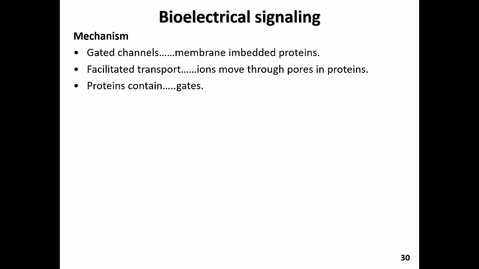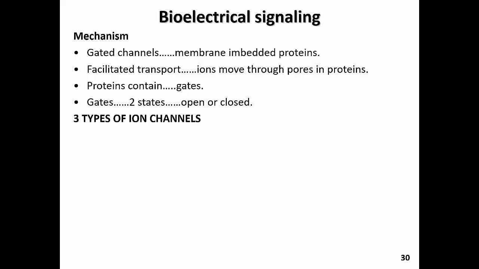The protein contains portions referred to as gates, and gates generally have two states, open or closed. If the gate is closed, ions will not move through the protein and will stay confined inside the cell or outside the cell. If the gate becomes opened, then ions will flow from higher concentration to lower concentration, either into the cell or out of the cell.